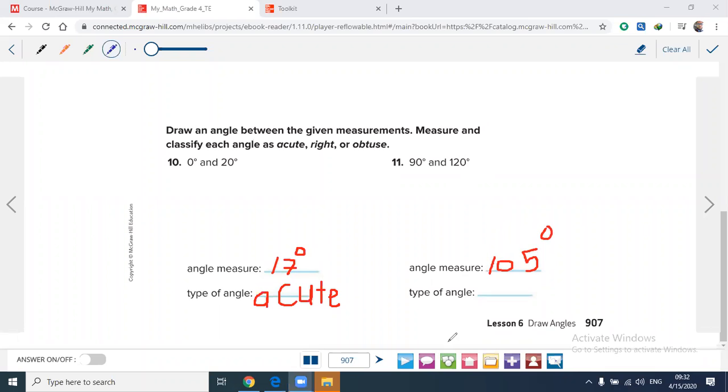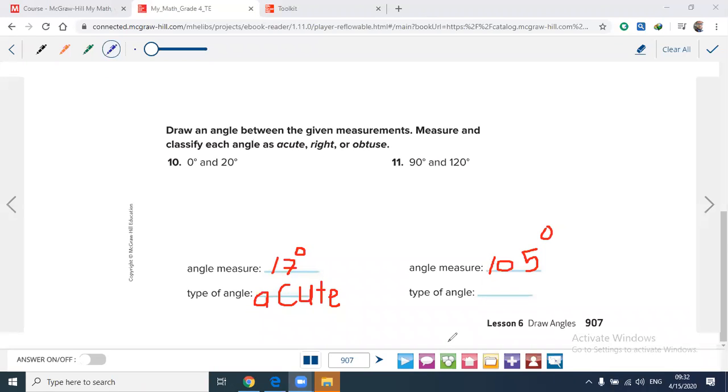Acute, right, or obtuse? There is Muhammad. Yes, Muhammad. Question? Why did you put acute? Because after you draw the angle between the two measurements given to you, write the type of the angle.